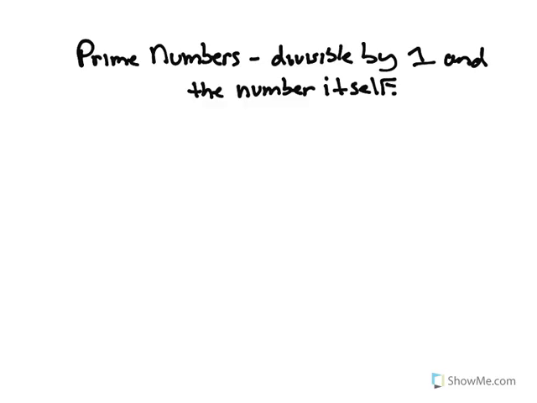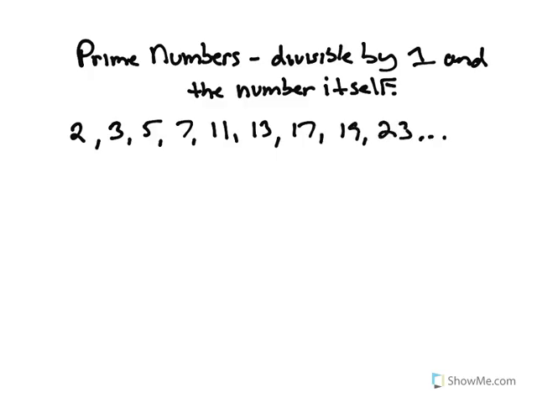So prime numbers are divisible by 1 and the number itself. If you list the first few prime numbers, 1 is not prime, as I said. 1 is divisible by 1 and the number itself, but it's still the same digit, so mathematicians do not count it as a prime number. So the first prime number would be 2, and then there's 3, 5, 7, 11, 13, 17, 19, 23.